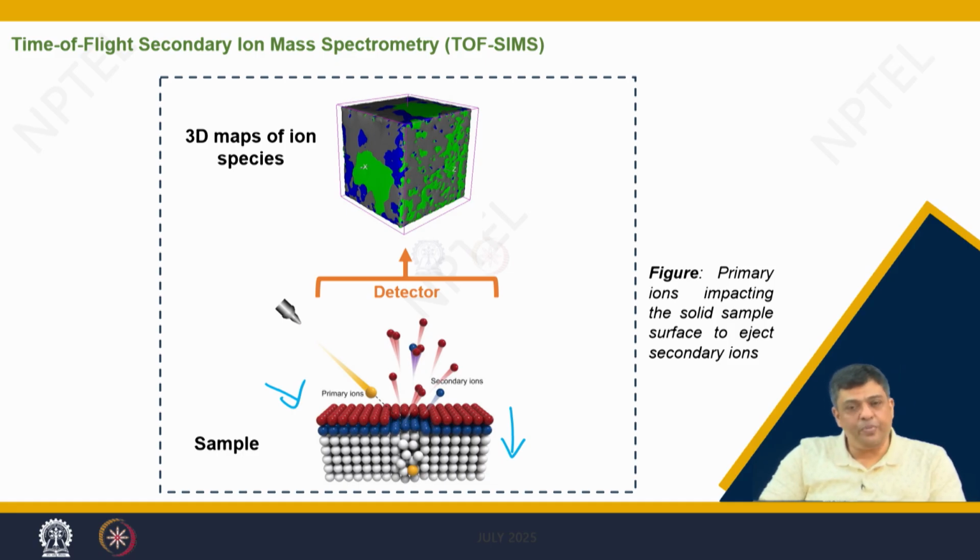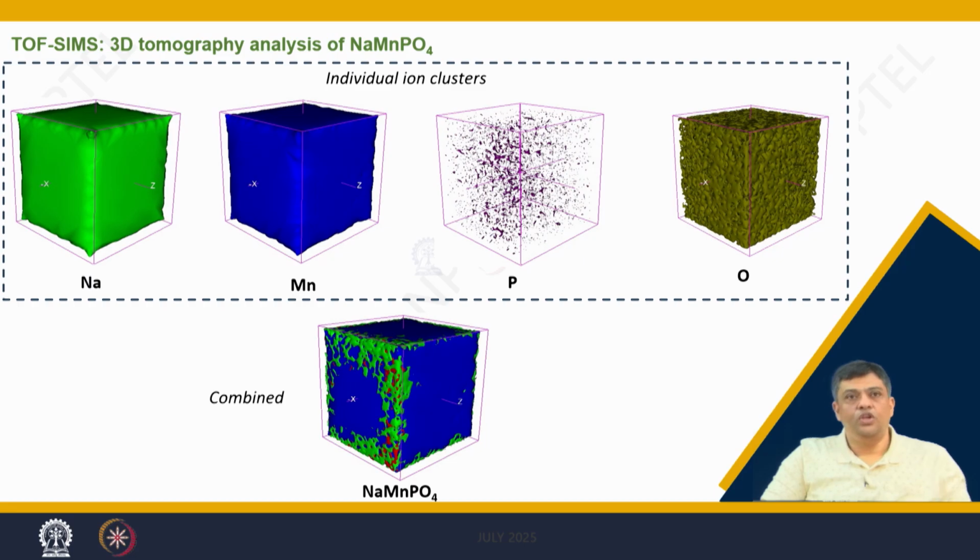So, it is a very simple technique, it just involves certain instrumentation which can be quite extensive, but the overall principle is as simple as the ones we have discussed. You can get, for example, for sodium manganese phosphates, you can easily have SIMS data and you can find out the mapping of various samples.